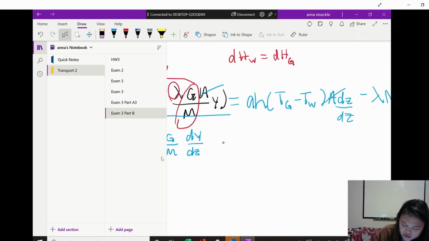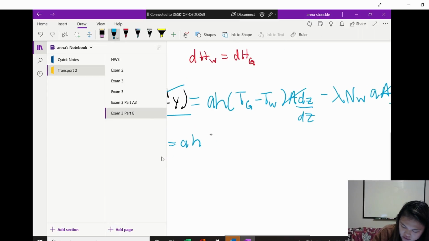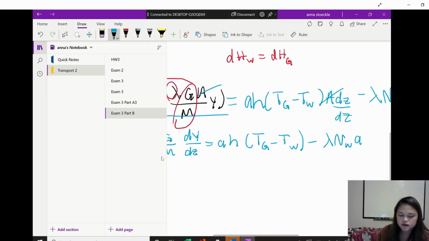We have the specific area multiplied by that heat transfer. And the same thing over here, the temperature of the gas minus the temperature of the water, minus the heat of vaporization, multiplied by that molar flux at the interface by that specific area.